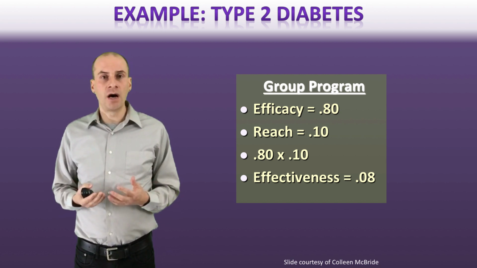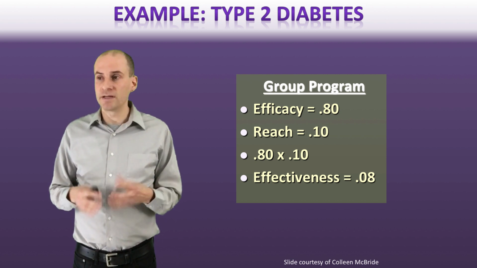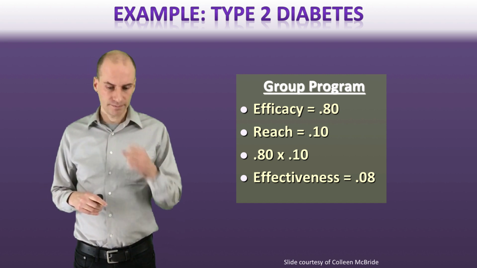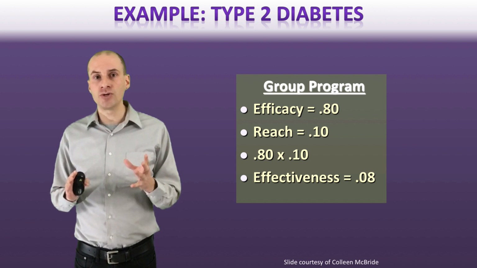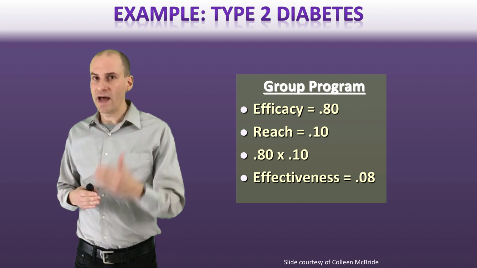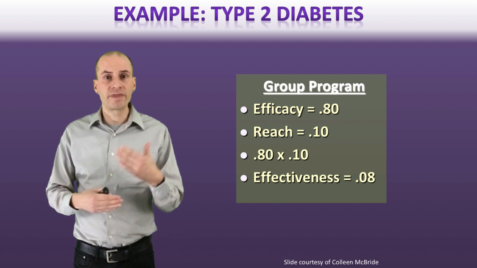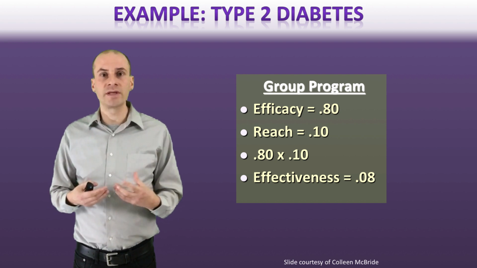Well, imagine that you have a group program. Now, this is actually pretty common for people with type 2 diabetes, but group programs are programs where you might bring people in and you would talk to them, counsel them about how to think about their diet, how to exercise. You might follow up with them many times over the year to make sure that they're doing this.